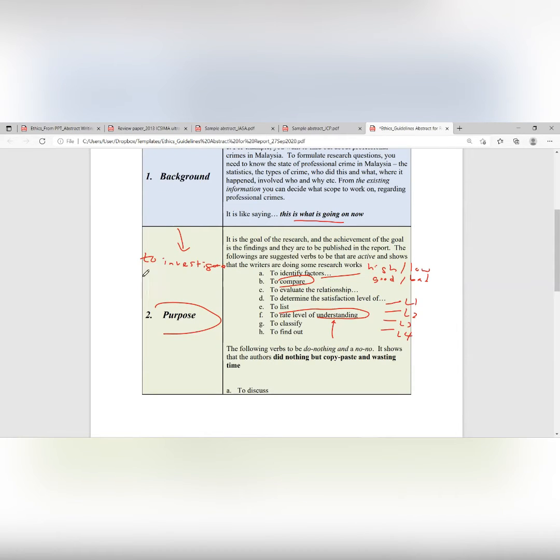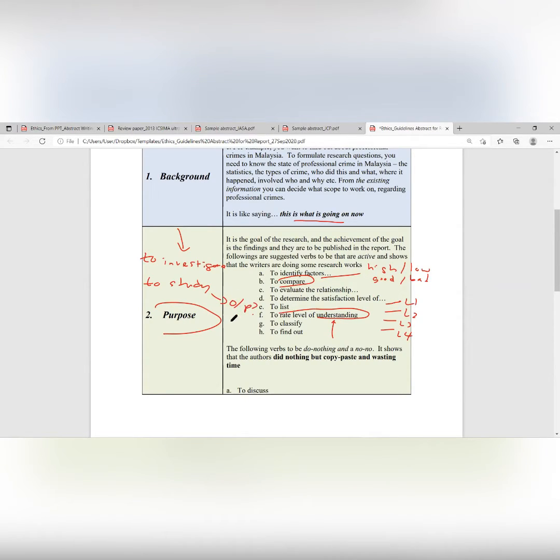And then much worse, sometimes student put to study, all right, to study. So this is actually not sufficient to portray the purpose of your research. If you put to study, because the whole process here is to study. So the question is, what is the output? What is the output of the study?